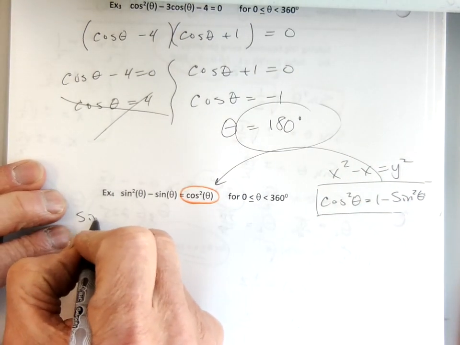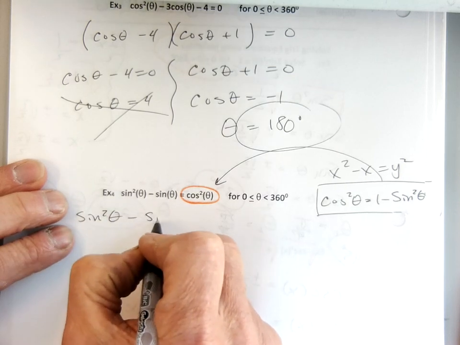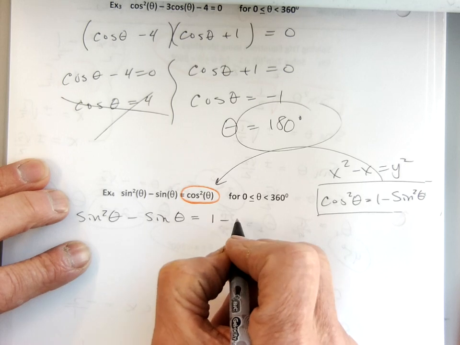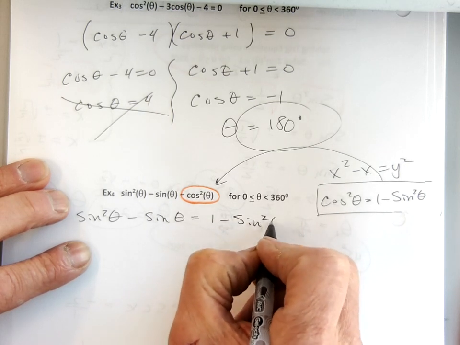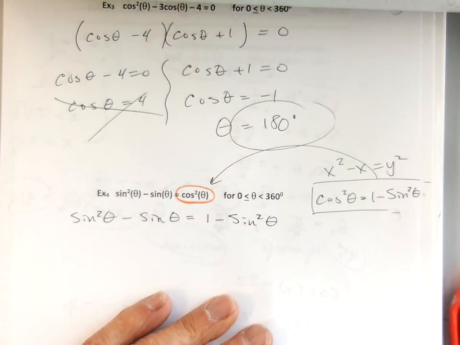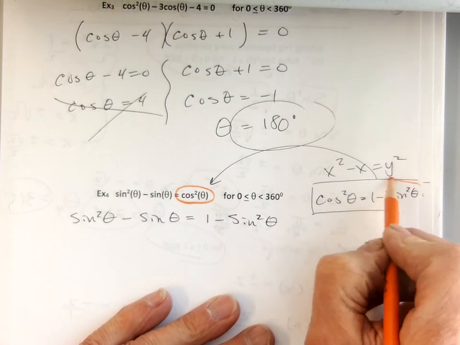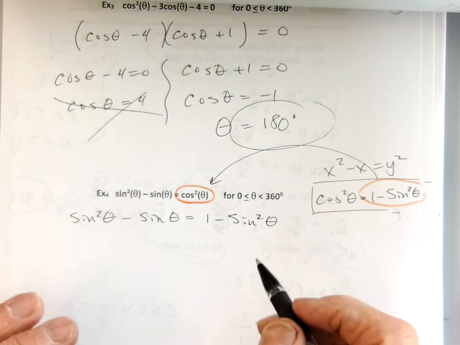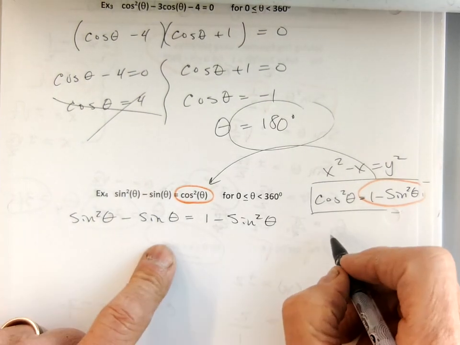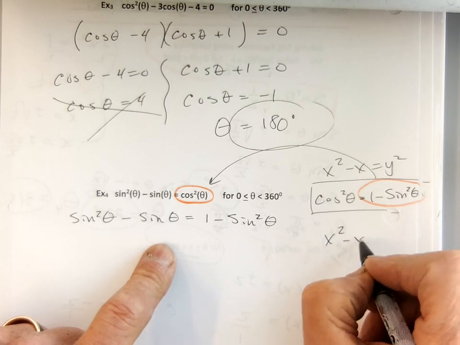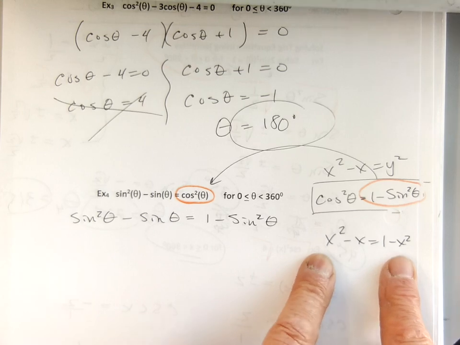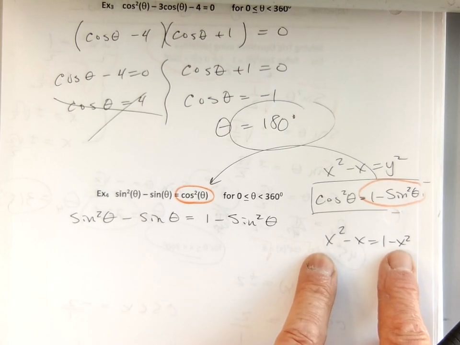So sine squared theta minus sine theta equals 1 minus sine squared theta. Okay, so I just used my identity and did a substitution. Now everything's in terms of sine. All right, if I had x squared minus x equals 1 minus x squared, what would you do? Plus x squared. Right?